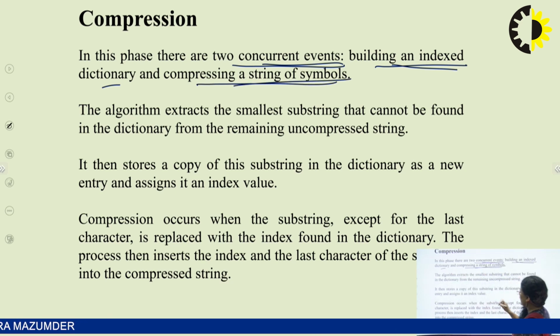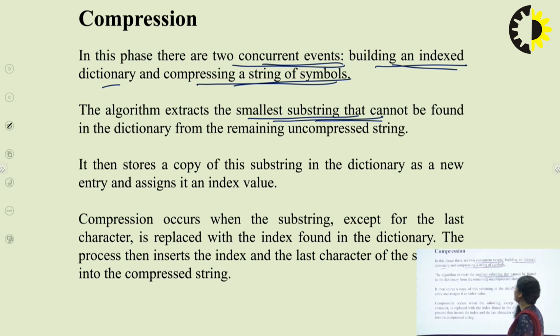Here, the algorithm extracts the smallest substring that cannot be found in the dictionary from the remaining uncompressed string. This is the main crux of the problem, the way we are solving it. We focus on the smallest substring which is not there in the dictionary currently. We take it out, extract it, and then add it to the dictionary.